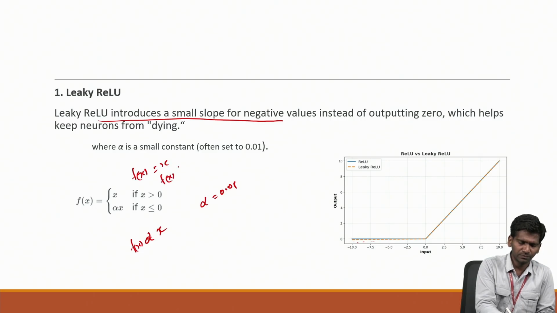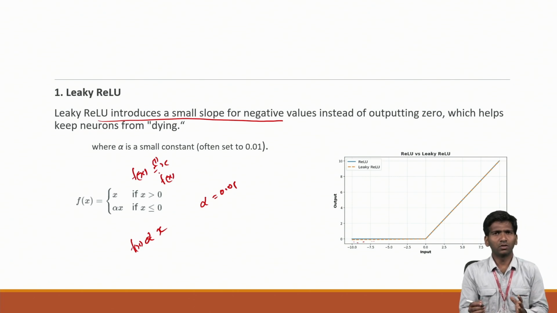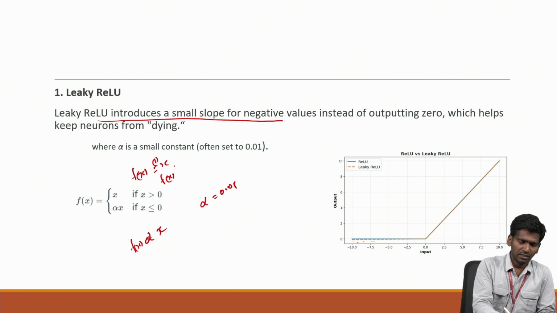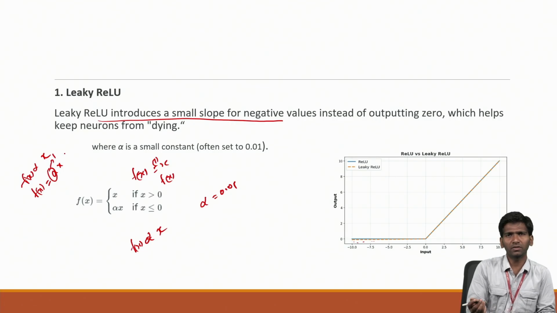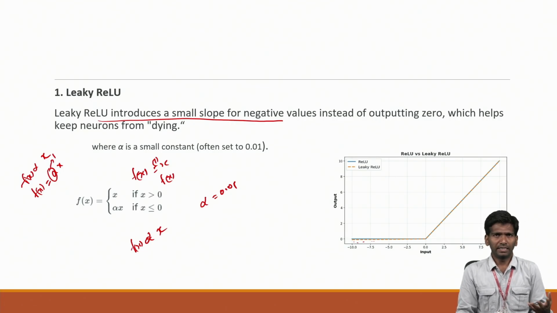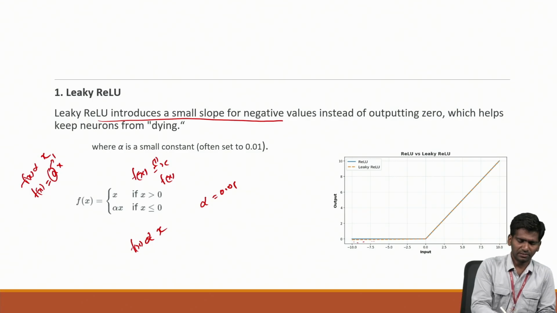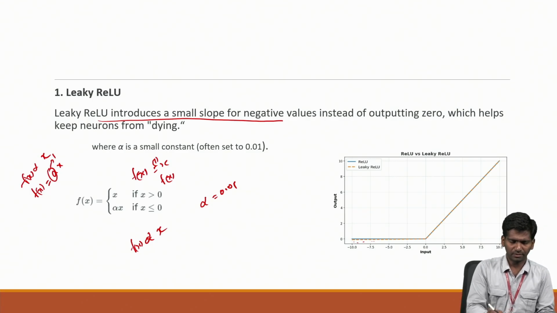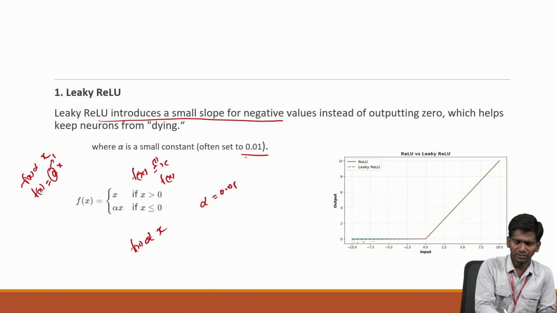If I remove the constant, f(x) = a·x, so a will be 1 in the case of ReLU. That's why we are not considering the a value, we are just saying f(x) = x. But here we have a parameter: the alpha value is 0.01.